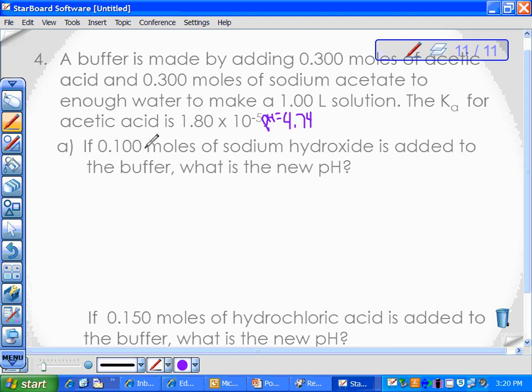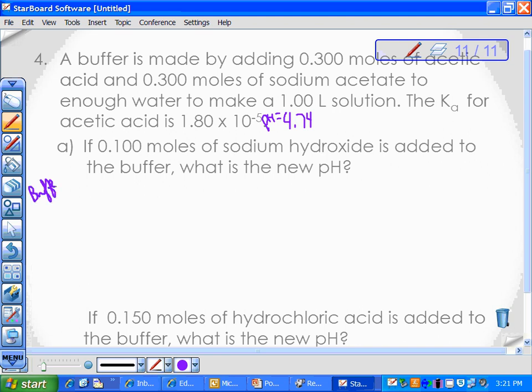This time we're going to see what would happen if you add 0.1 moles of sodium hydroxide. The pH of 0.1 molar sodium hydroxide is 13. So we're going to add something with a pH of 13 into this buffer solution and see what would happen.